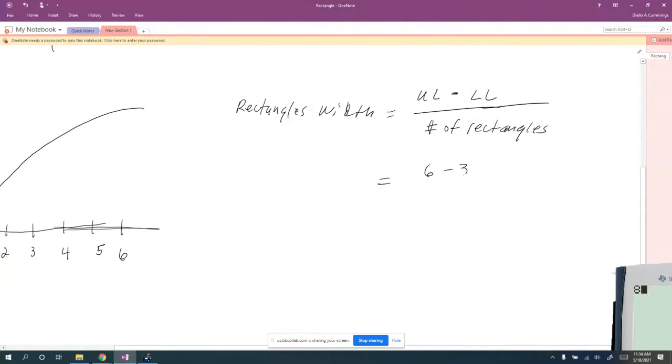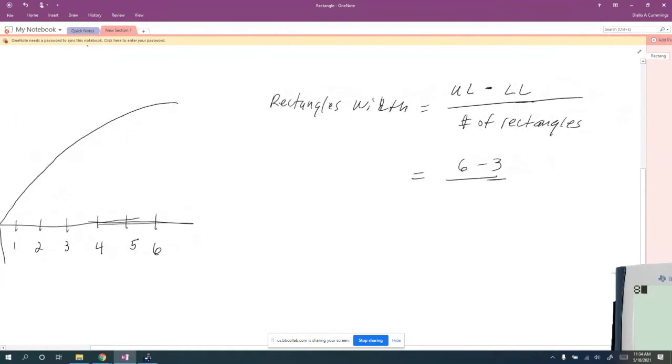So this is 6 minus 3. The number of rectangles we're working with is also 3 because we're looking for 3 subdivisions. So the width of each rectangle should be 1 unit.